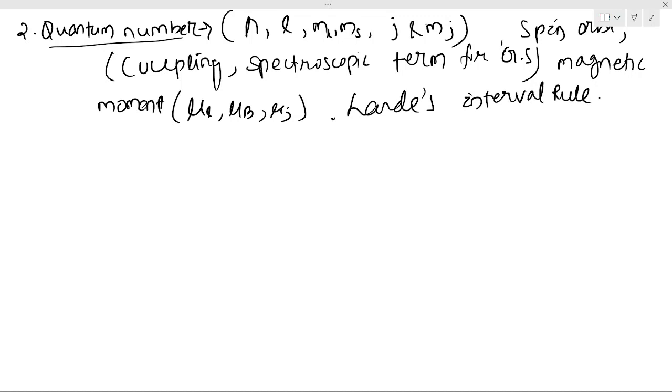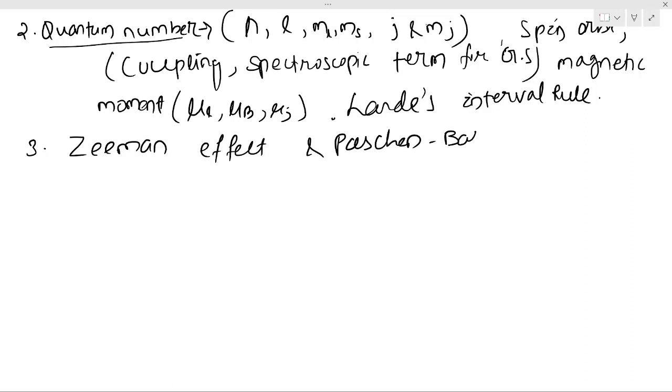Interval rule. Okay. In third we have Zeeman effect and Paschen-Back effect. These are very important concepts. Okay.